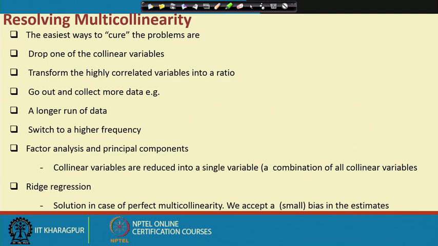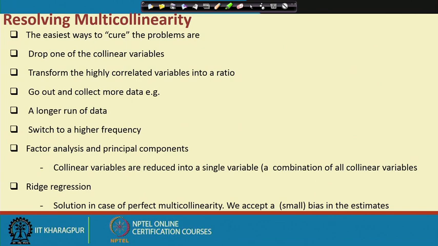Instead of using a large number of variables, we use a few variables with some restriction and mechanism, and these few variables will by default be free from multicollinearity and other errors in the system. But this is typically applied when there are many variables in the system. If there are only a few variables, then factor analysis may not be used to solve this multicollinearity problem.